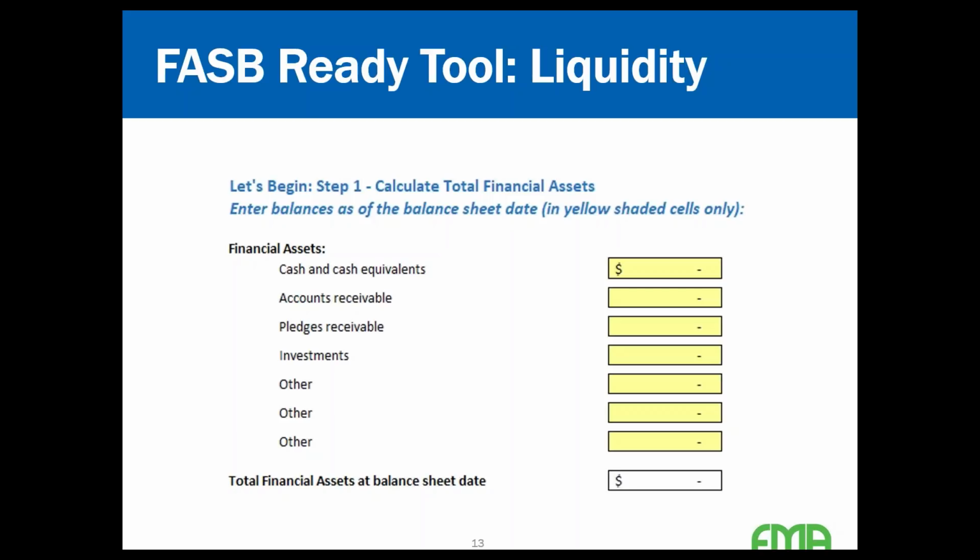And we're able to calculate financial assets as of the balance sheet date. As a second step in the calculation, we then start to reduce this total financial asset for assets that are not available to be spent for general operations in the next 12 months. And so that's where we end up with this liquid available number, right? And it's a dollar amount as of the balance sheet date.